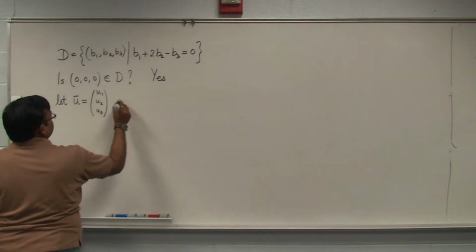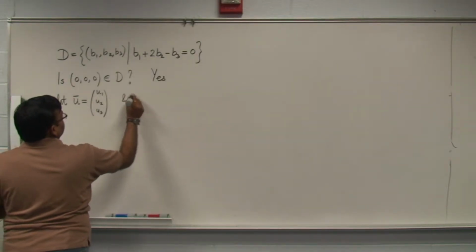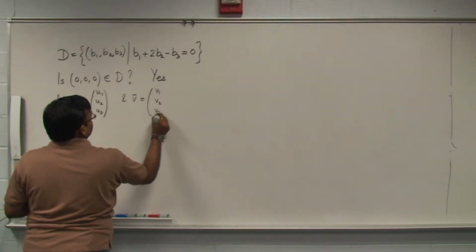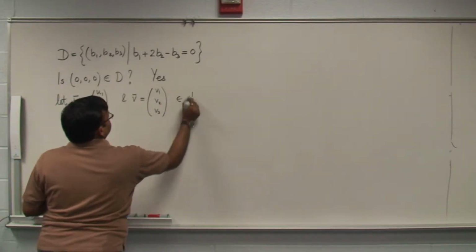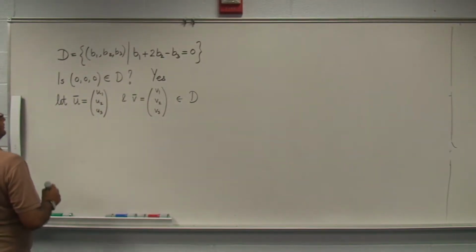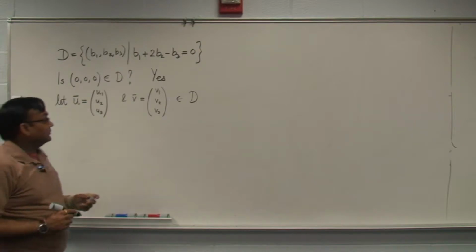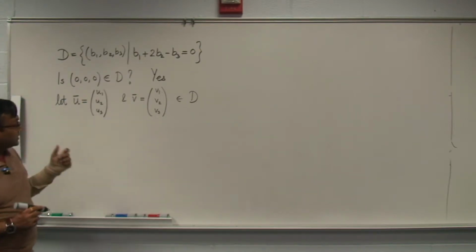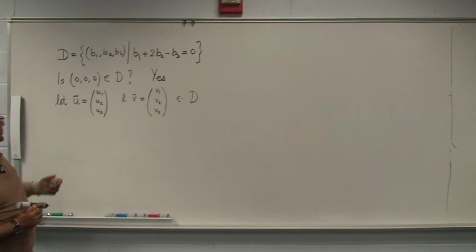So let u and v be vectors belonging to D. Suppose these two are in D. Now, this time we have to be careful. Being a member of D comes with some kind of expectation.